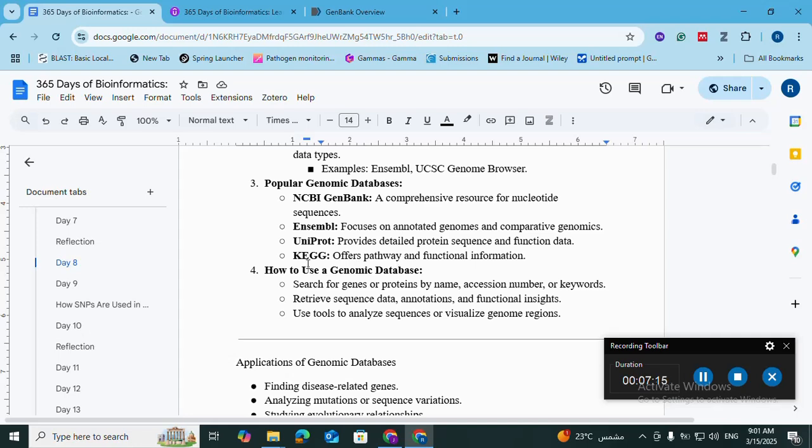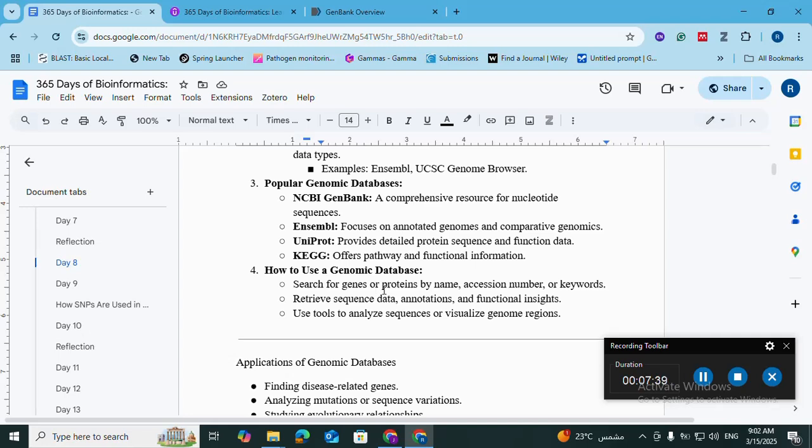How to use a genomic database? Number one, search for a gene. If these databases, like GenBank, are focused on genes, you can search for a gene. How can you search for a gene or a protein? By its name: insulin gene, hemoglobin protein.